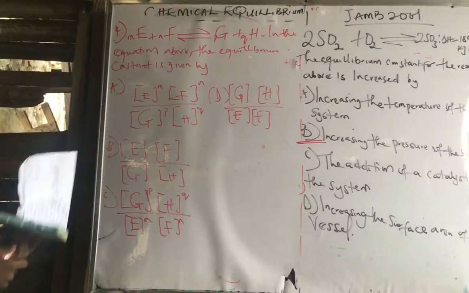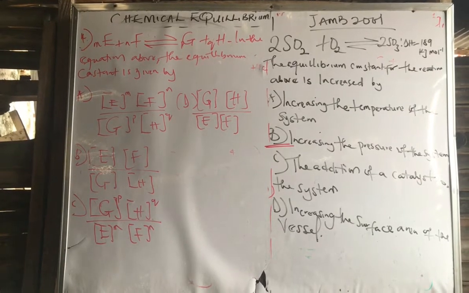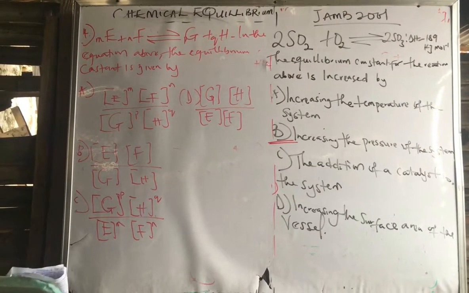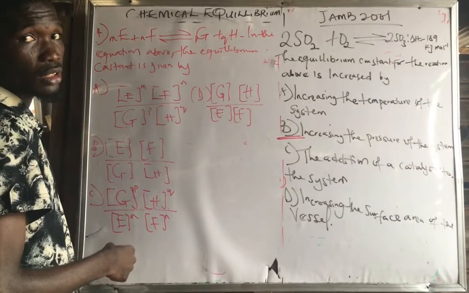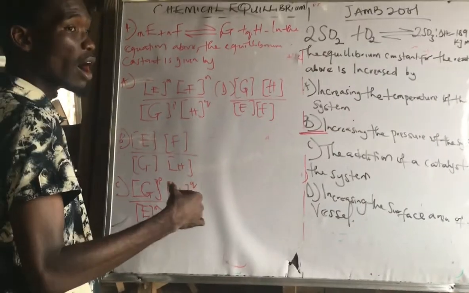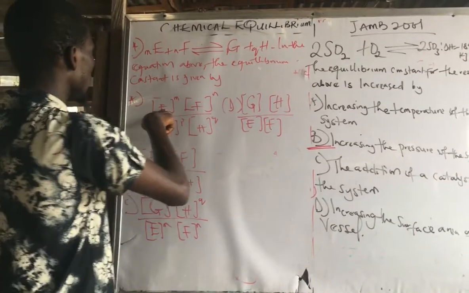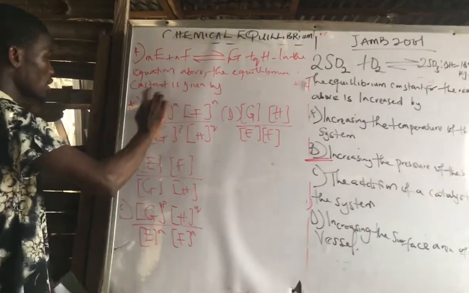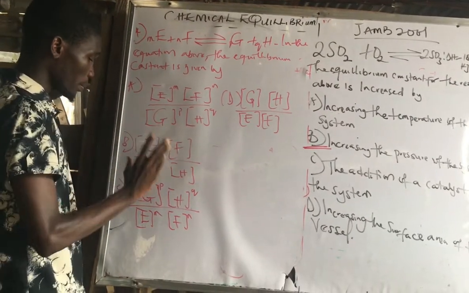So now, looking at what you have on the board, don't forget when I explained the equilibrium constant, I cited an example. So I said product divided by the reactant side. On the product side, the number of moles given there will be the power. So here, E, this is my reactant side, so A is wrong. B doesn't have any power, so B is wrong.